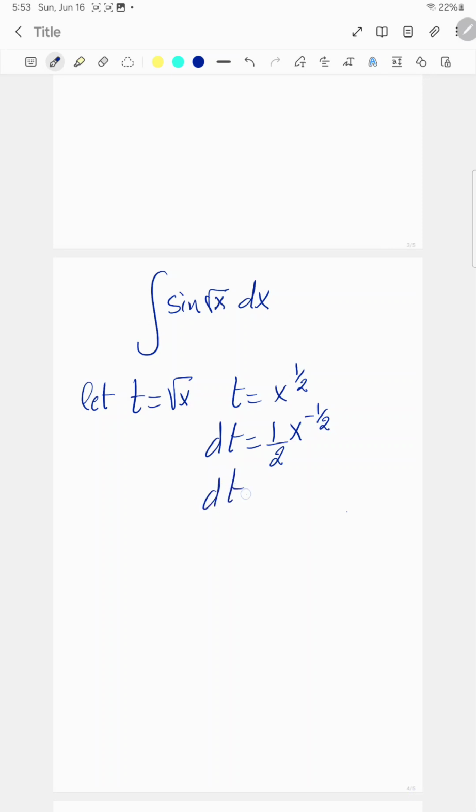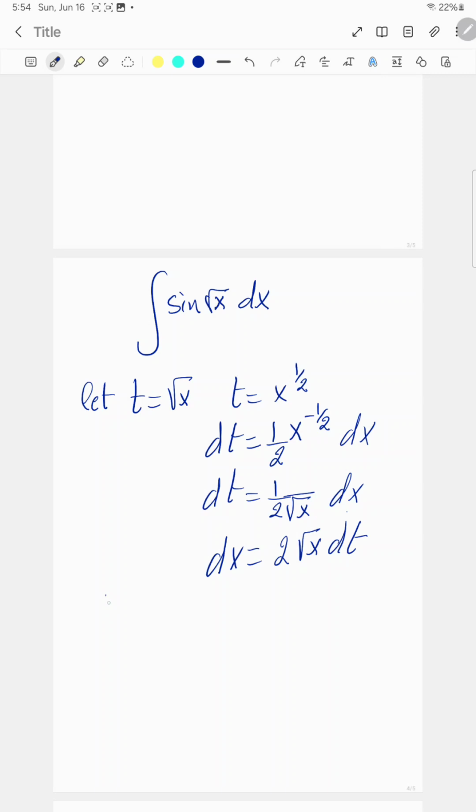So my dt is equal to 1/2 square root of x, because the minus 1/2 goes to the denominator and it becomes square root, and this is dx. There is a dx here and there is a dx here. So my integral becomes, my dx is equal to 2 square root of x dt.